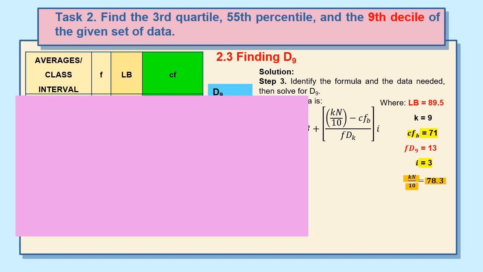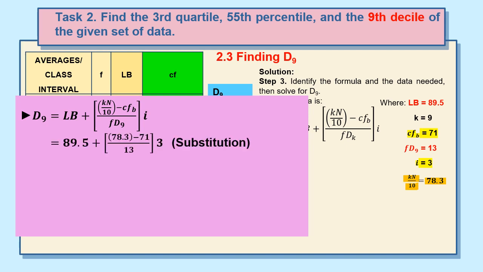So after getting the values of the variables, we will substitute them to our formula. We have the lower boundary 89.5, our Kn over 10 is 78.3, our Cf sub b is 71, our Fd sub 9 is 13, and our I is 3. After that, we subtract 71 from 78.3.